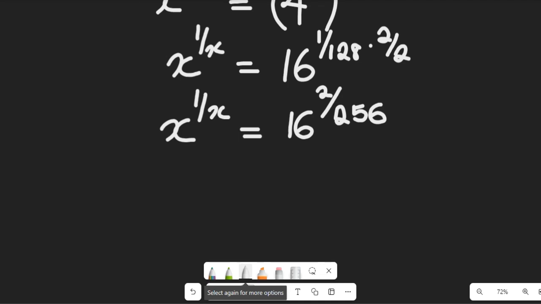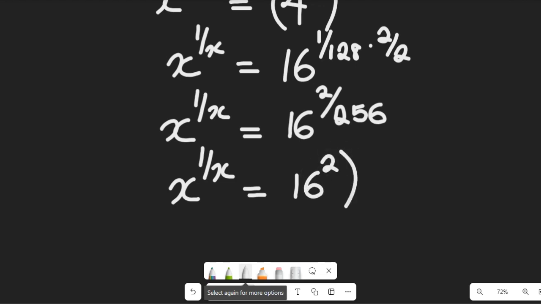Good. So that expression is now going to give me x to the power of 1 divided by x equal to 16 to the power of 2, all multiplied by 1 divided by 256.